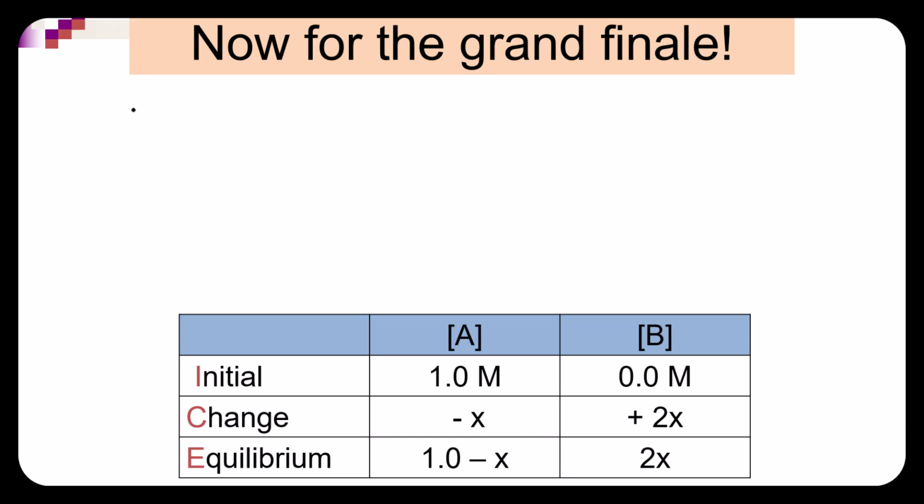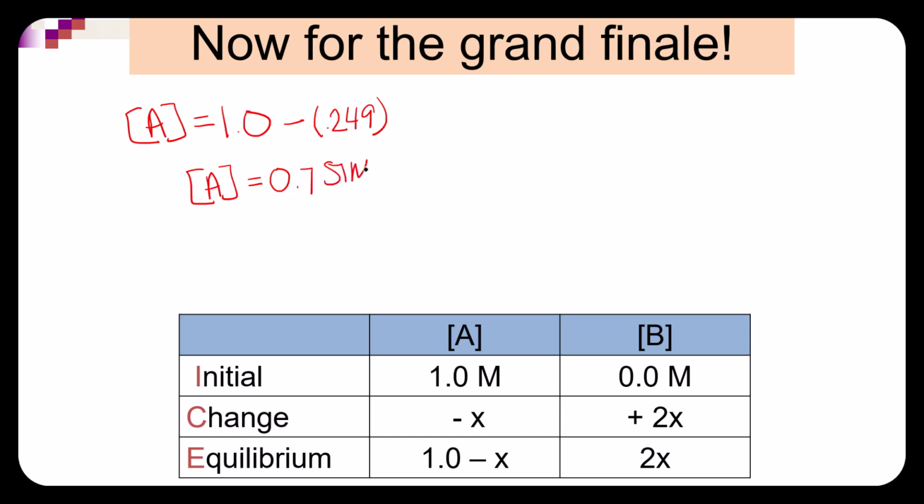The concentration of A at equilibrium is 1 minus x, which is 0.249. So the concentration of A at equilibrium equals 1 minus 0.249. And we get a value of 0.751 molar.